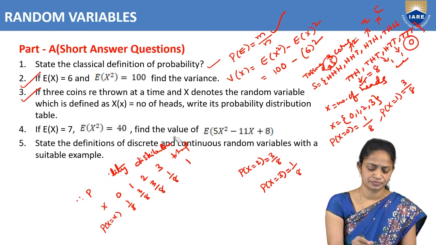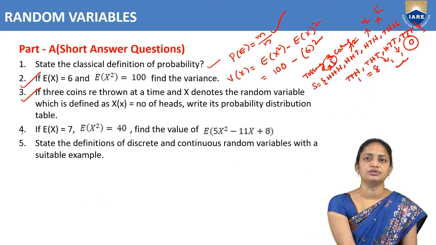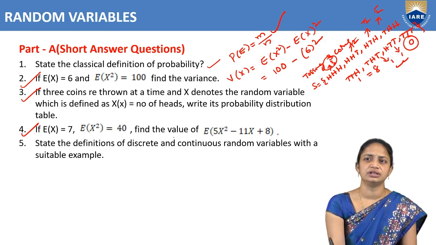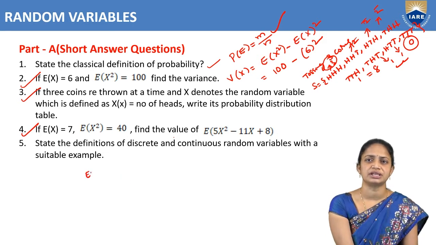Now coming to the fourth question: if expectation of x equals 7 and expectation of x square equals 40, find the value of expectation of 5x square minus 11x plus 8. We write expectation of 5x square minus 11x plus 8.